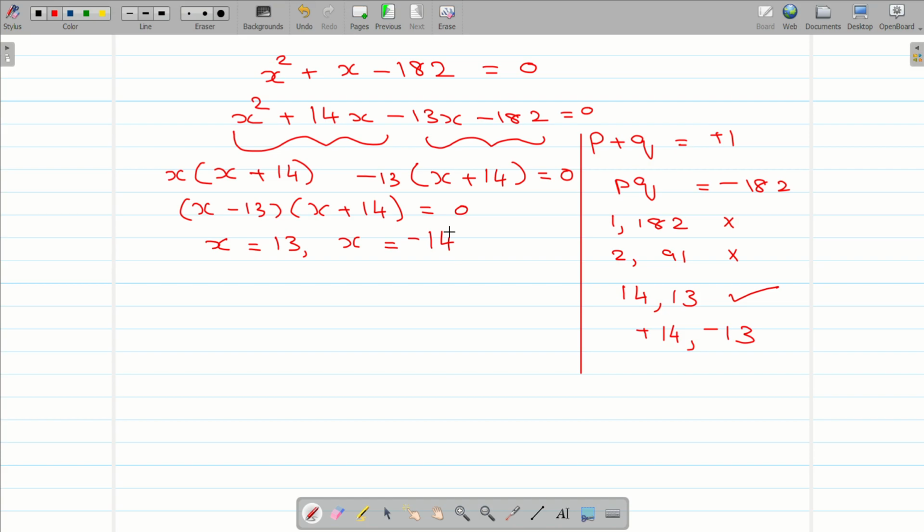Minus 14 is rejected as we were given that the number should be positive. Rejected, as it was given that they are positive integers.